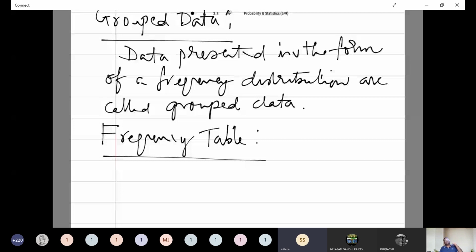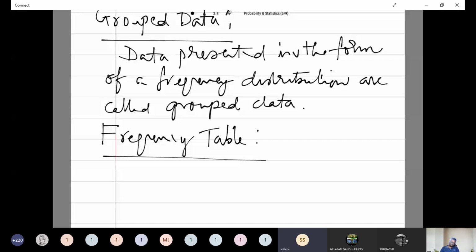What is the definition of a frequency table? A frequency table means a table showing the distribution of the frequencies in different classes. That is very, very important. A table showing the distribution of the frequencies in the different classes is called a frequency table.